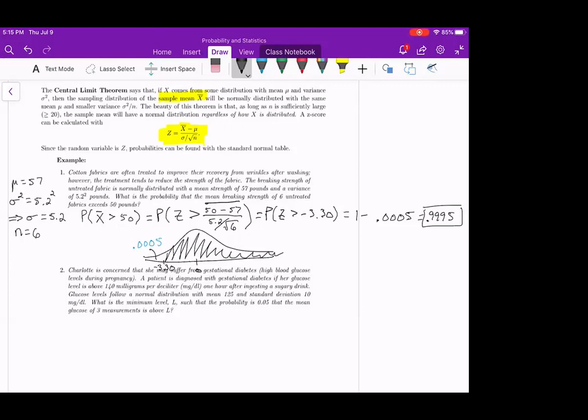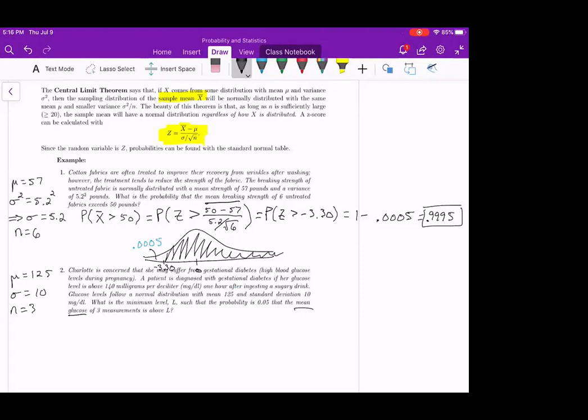Glucose levels follow a normal distribution with mean 125 and standard deviation 10 milligrams per deciliter. What is the minimum level L such that the probability is 0.05 that the mean glucose of 3 measurements is above L?